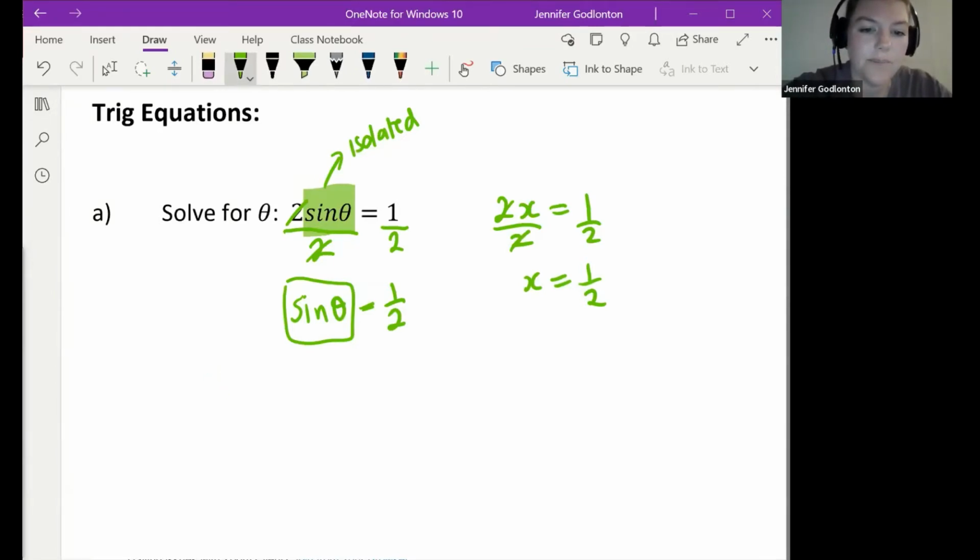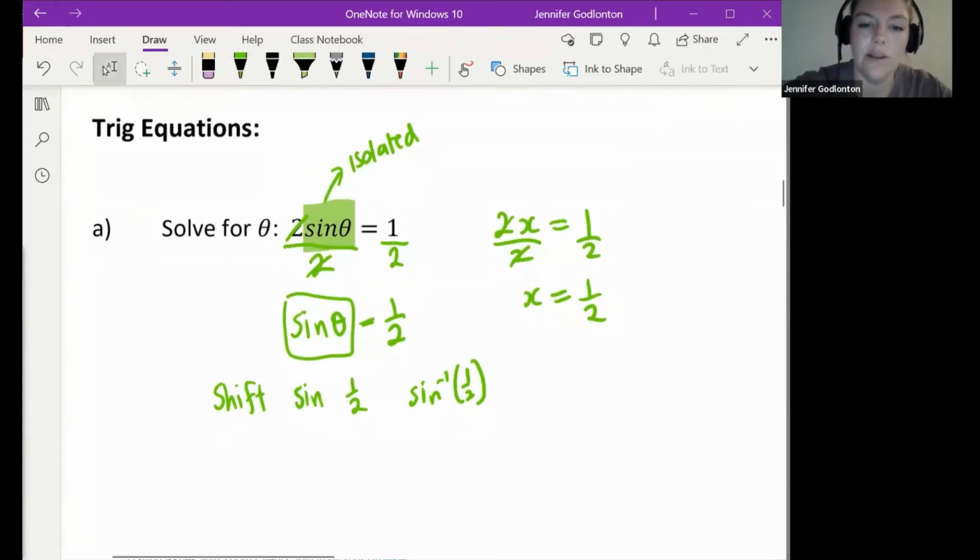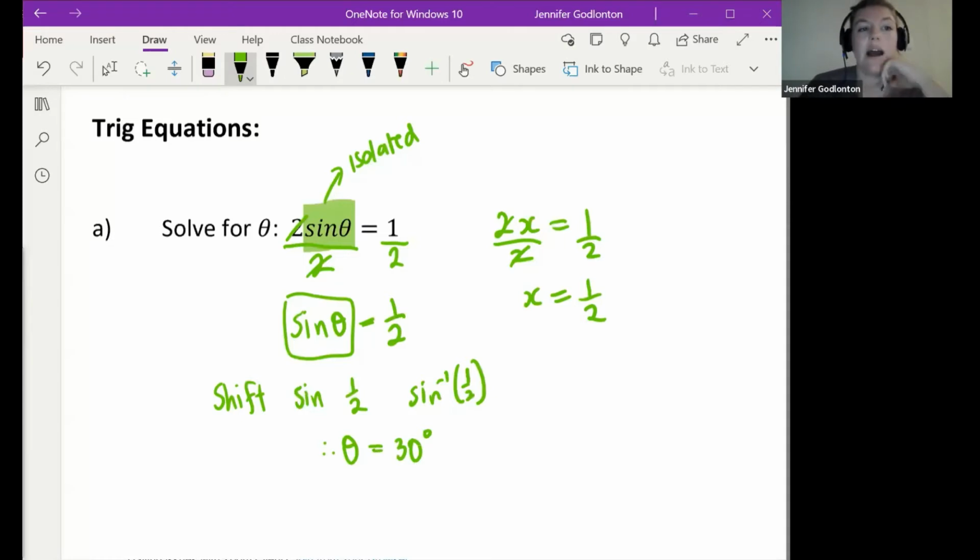You're going to say shift, sine, a half, and in your calculator, it will look like this. And you will see that theta is equal to 30 degrees. So everyone give it a try on your calculator. Make sure you understand how you got that 30. And that would be my answer there.